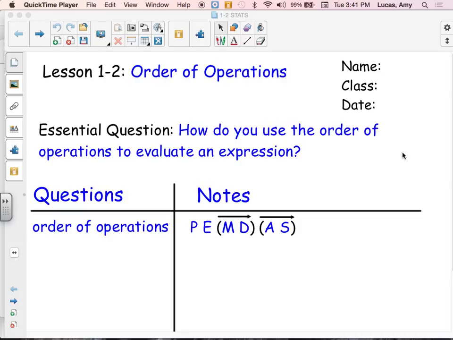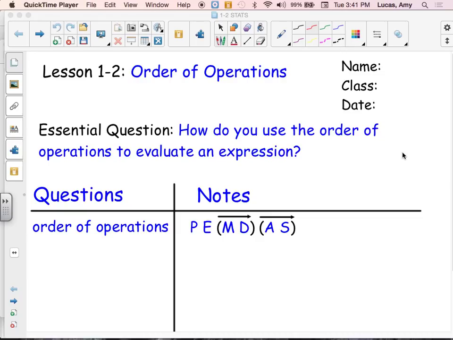And under the notes column, you can see where we've got the acronym PEMDAS. Hopefully from a previous course you've worked with PEMDAS before. It's really helpful in remembering the order that you do things in math class.